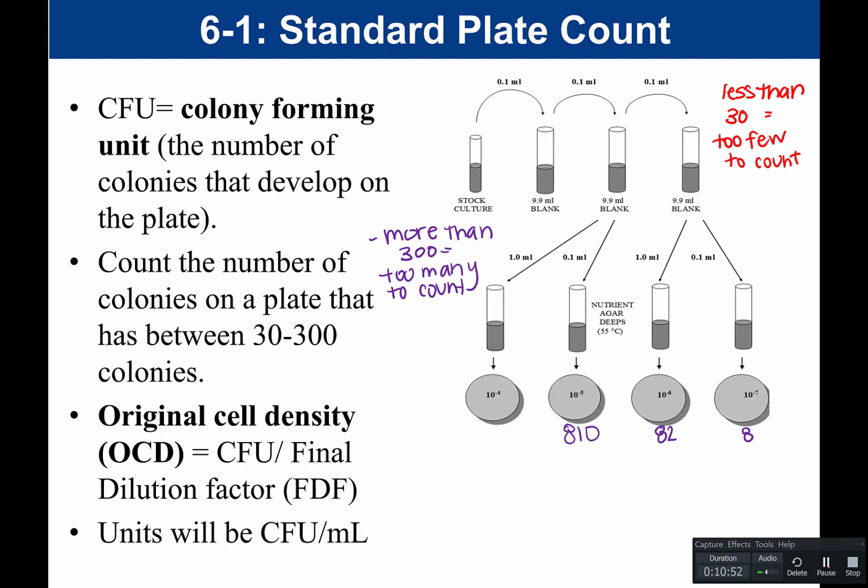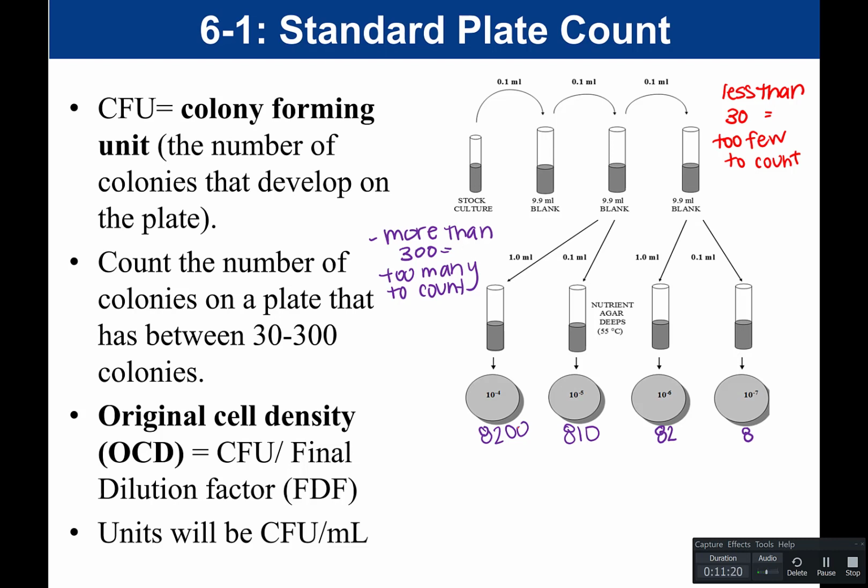My 10 to the negative 4 is going to have 10 times that amount, so maybe it has 8,200, approximately tenfold more than the number of colonies on my 10 to the negative 5. So notice that if there's a tenfold change approximately for each of those plates, you should only have one plate that falls between 30 and 300.